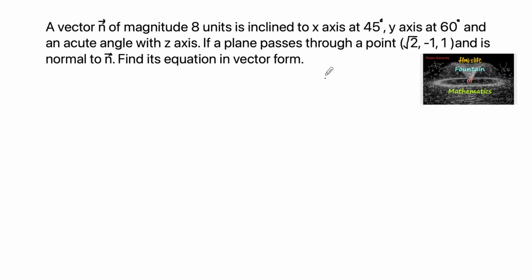So let us consider a vector n whose magnitude is given as 8 units, and let alpha be the angle with respect to the x-axis, beta the angle with respect to the y-axis, and gamma the angle with respect to the z-axis, so that cos alpha, cos beta, cos gamma are the direction cosines.